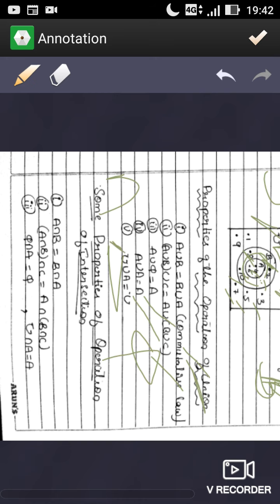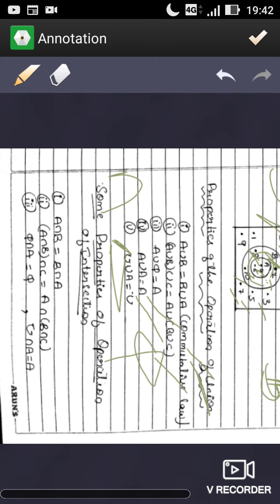We get that set only. Both should be in the union, containing the A elements. So that's why we get the union is the bigger one. The union contains the bigger set. We can easily keep this in our mind.